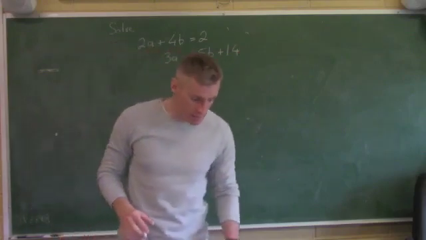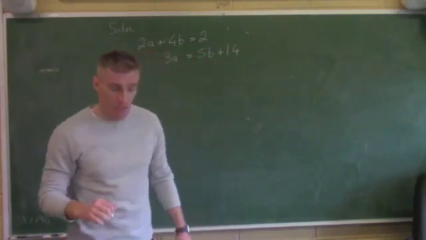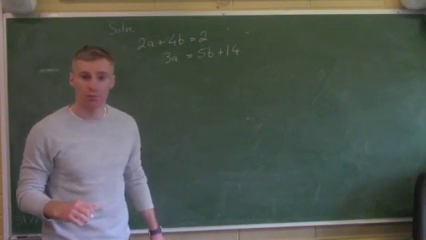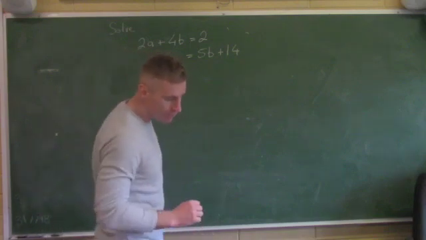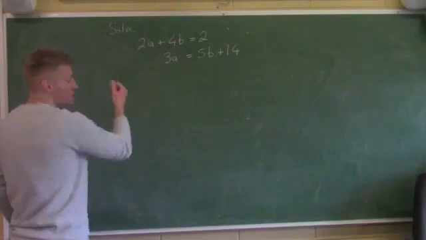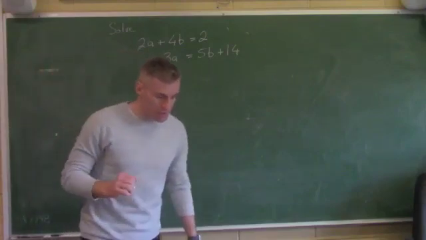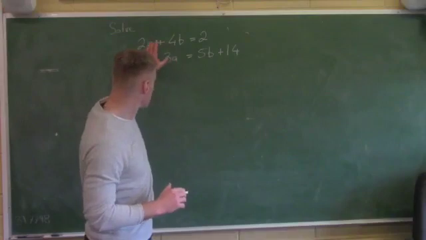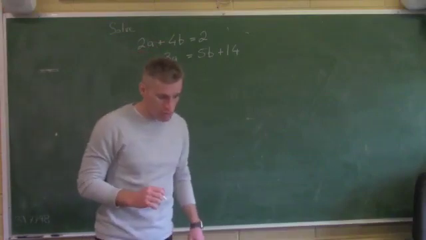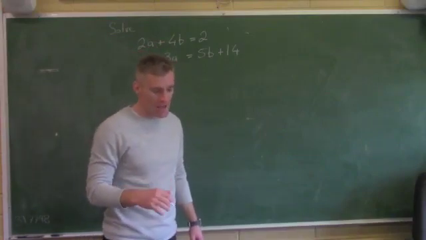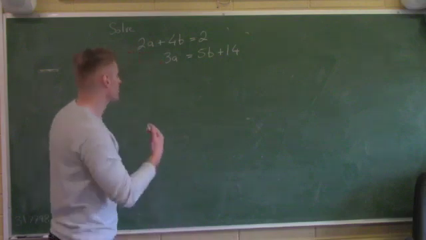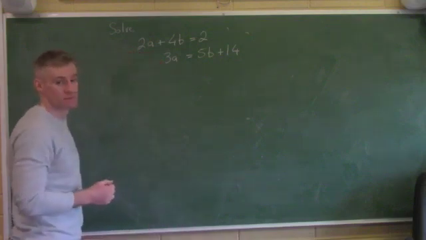Okay, so this is a simultaneous equation. Again, it's like 2016 paper 1 question 3. Right, so the question is: solve the equations, there's two equations below, to find the value of a and the value of b. So I need to figure out what a is and what b is.